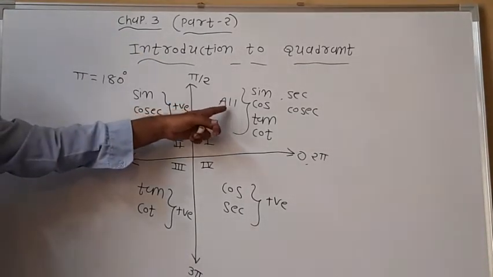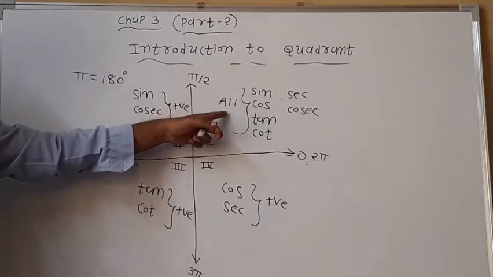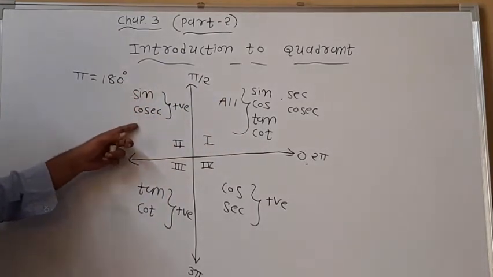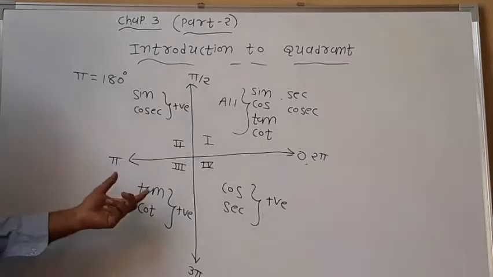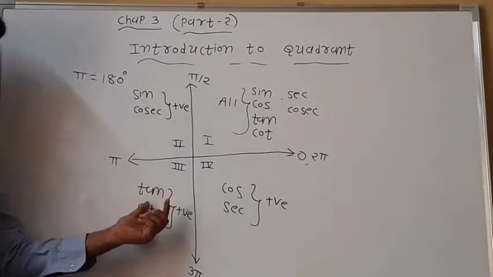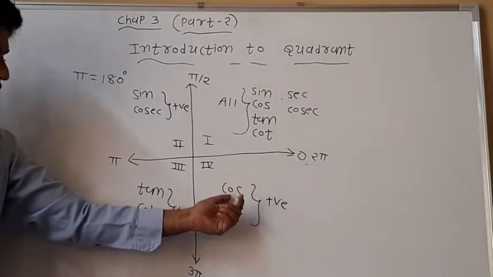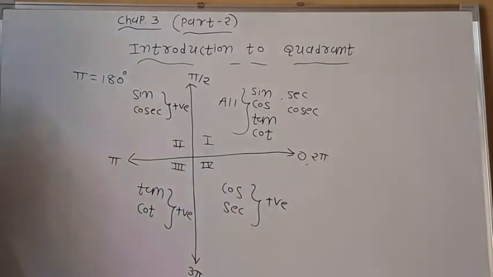So in the first quadrant all functions are positive, in the second quadrant only sine and cosec, in the third quadrant tan and cot, and in the fourth quadrant cos and sec are positive.